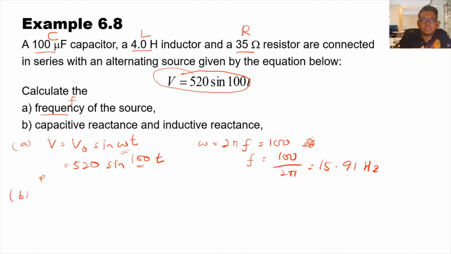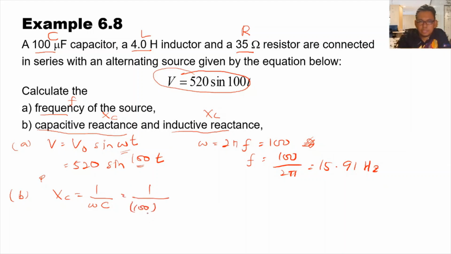Question B asks us to find the capacitive reactance and the inductive reactance XL. Capacitive reactance XC is given by 1 divided by angular frequency times capacitance. So we do 100 there.